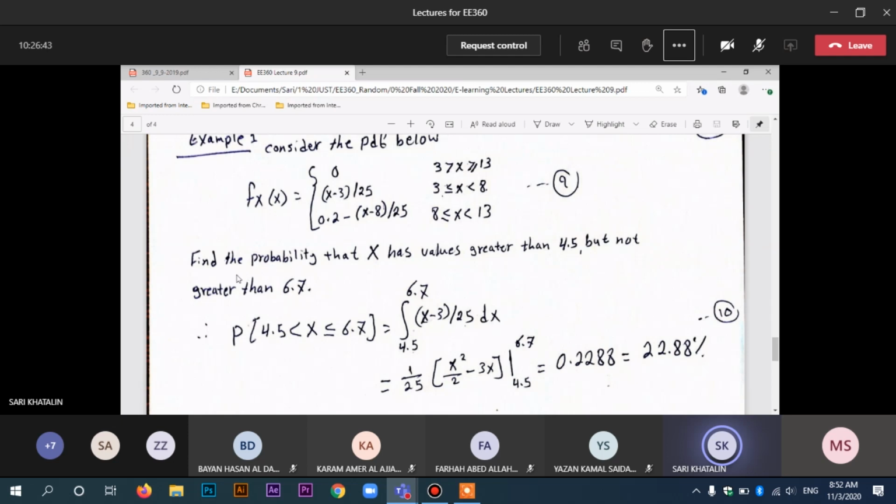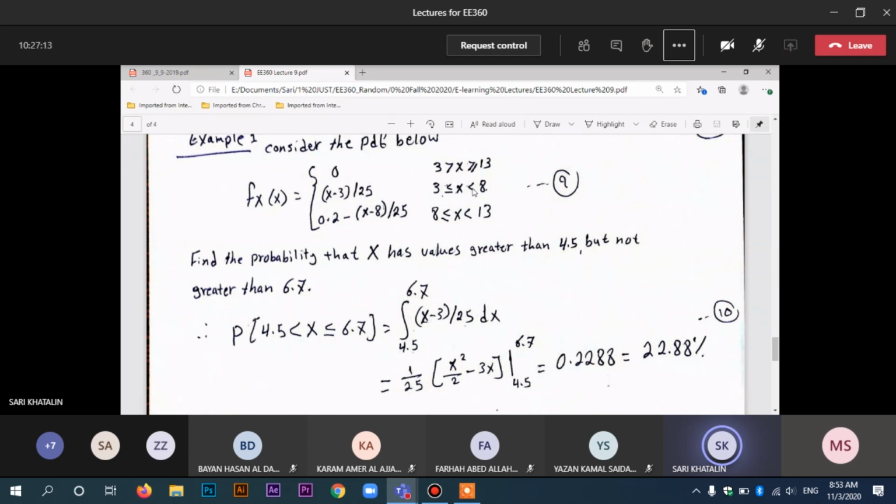Now the question is, we need to find the probability that x has values greater than 4.5 but not greater than 6.7. So basically we go back to property number 4, where we need to find x larger than 4.5 and less than or equal to 6.7. As we learned from the property on the first page we talked about today, all we have to do is take the integration between 4.5 and 6.7.